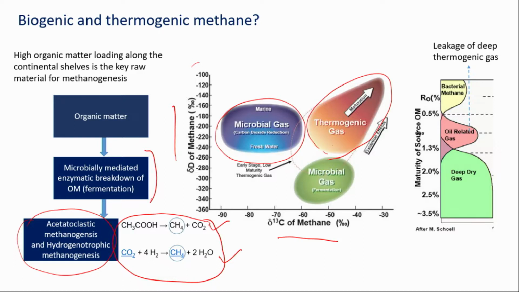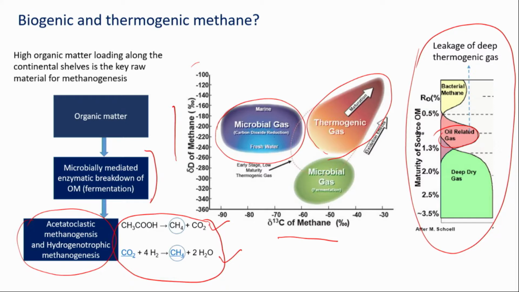Now, on the other hand, in the case of the thermogenic methane gas, you can see that they are formed very deep, also known as the oil-related gases, because of the catagenic process at a high temperature of 120-130 degrees centigrade, at a deep burial depth of 2 to 3 kilometers below the seafloor.